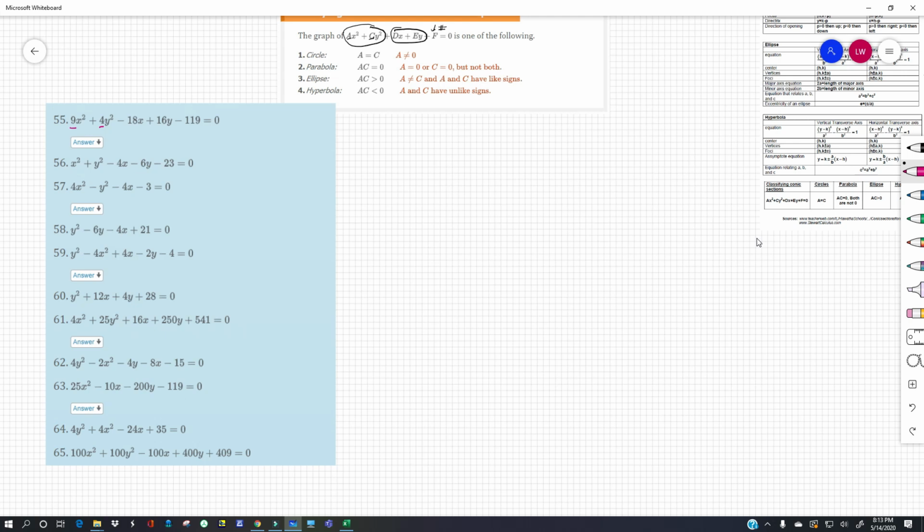Now, the rest of these three, you see it says AC equals 0, greater than 0, or less than 0. That means you're going to multiply A and C together. If that product equals 0, you've got a parabola. If it's bigger than 0, it's an ellipse. And if it's less than 0, it's a hyperbola. So we know that 9 times 4 is 36. That's bigger than 0. And so the conic section is an ellipse.